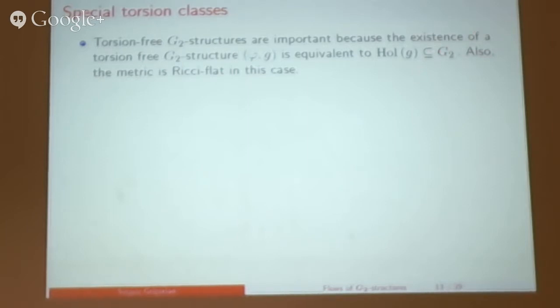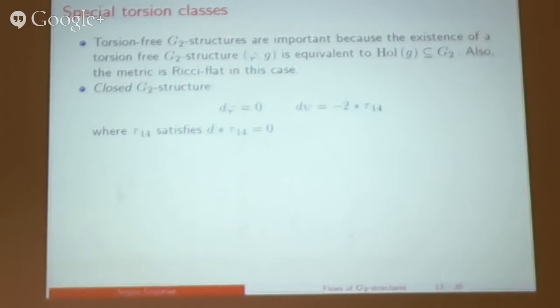Conversely, if the holonomy of a metric is contained in G2, then there exists a G2 structure for which the compatible metric has this holonomy group. No, it doesn't have to be flat.